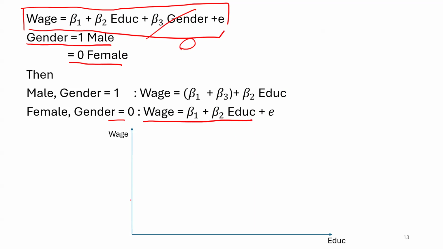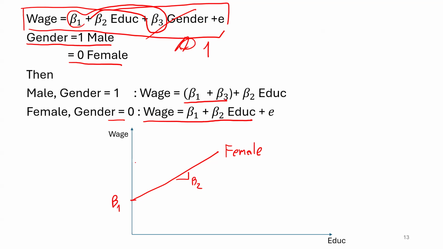It starts at beta one and the slope is beta two. So this is female. How about male? Gender equals one, so the intercept shifts from beta one to beta one plus beta three, and this is the wage of male. So in this case, the starting salary of male is greater than female, because it jumps.